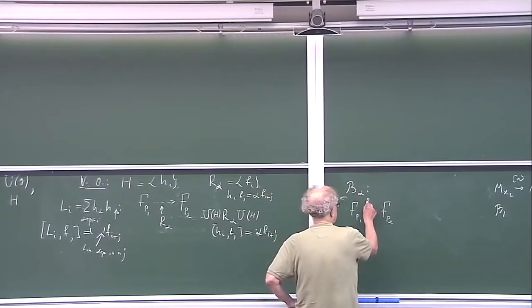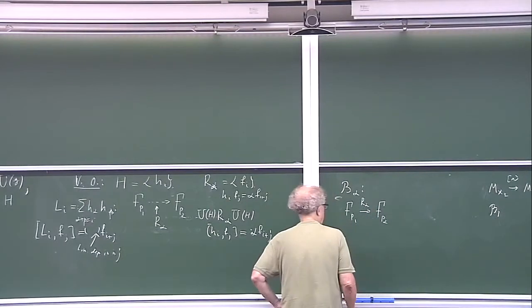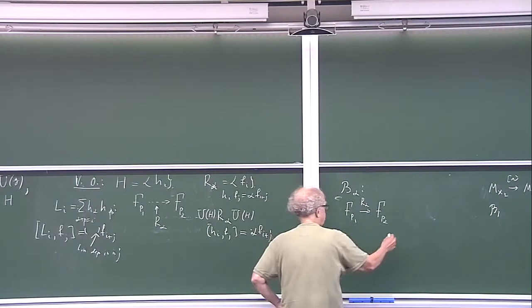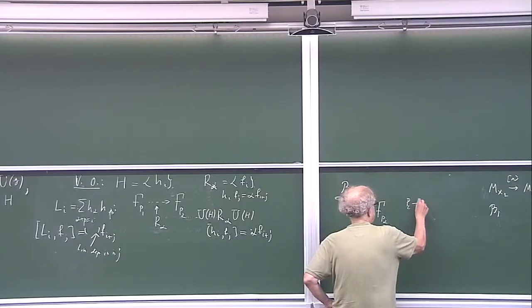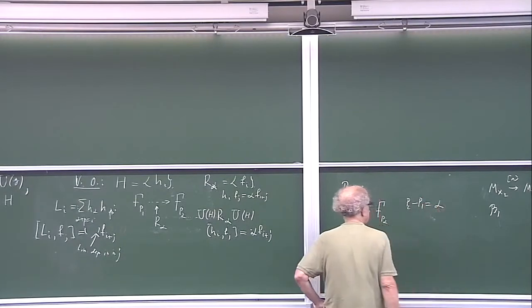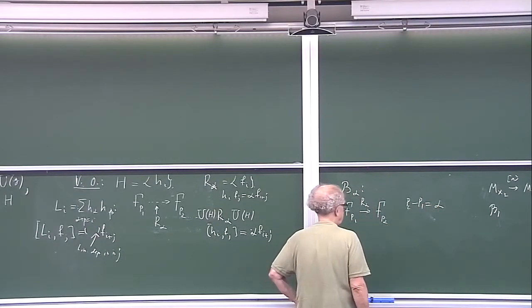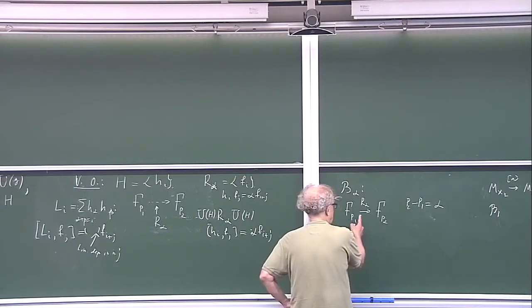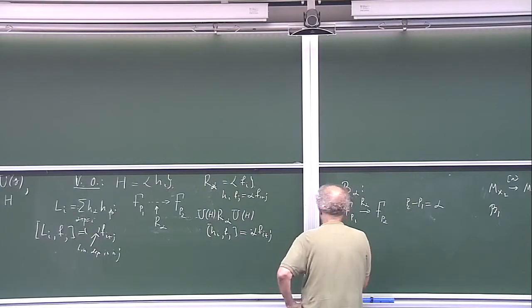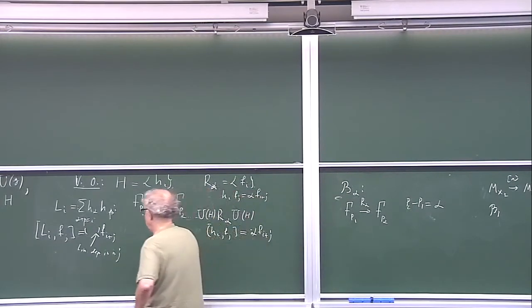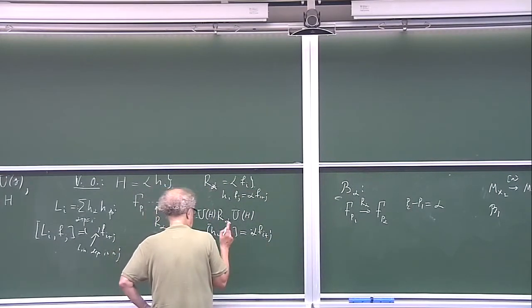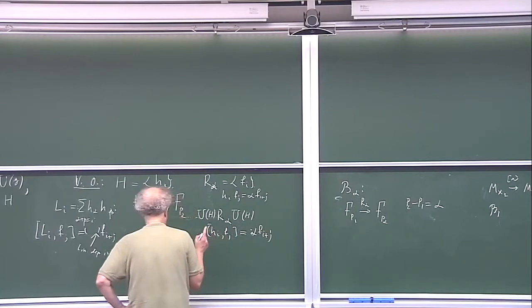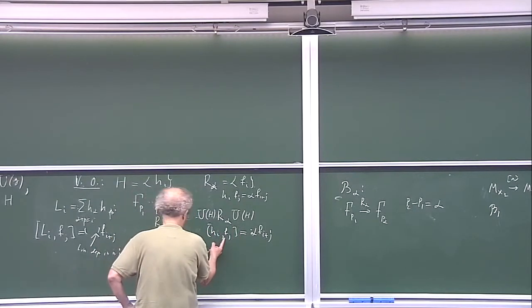In my notation, it was like this. And in order to have it, I need surely P2 minus P1 equal alpha. And this is enough if we want only this condition.